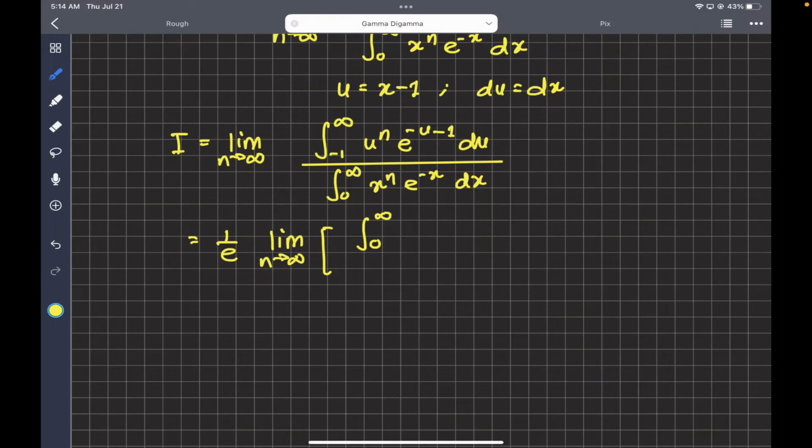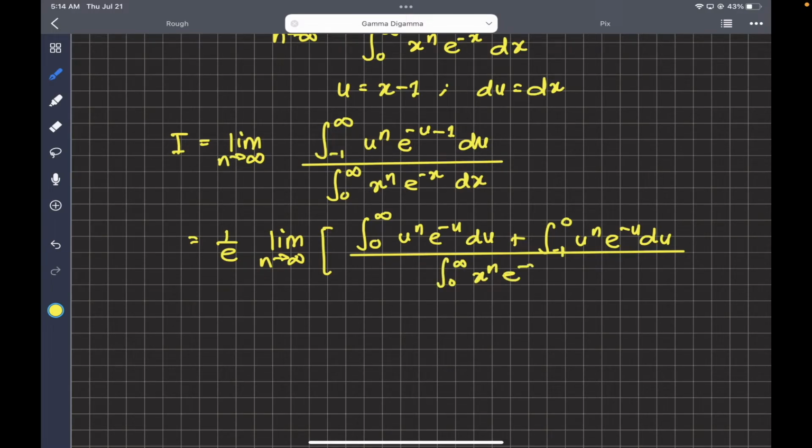So 0 to infinity u to the n e to the minus u du, integral from minus 1 to 0 u to the n e to the minus u du. Everything is divided by integral from 0 to infinity x to the n e to the minus x dx.